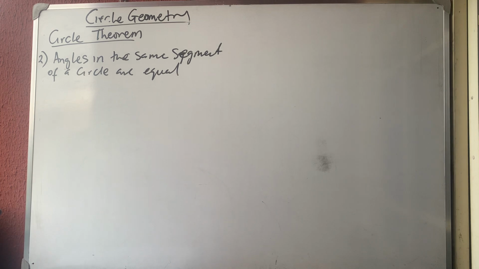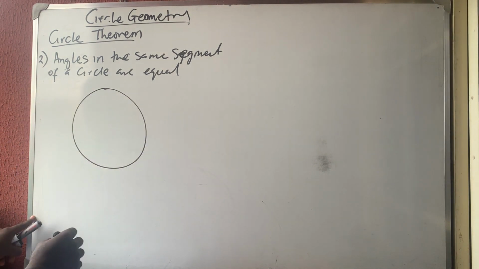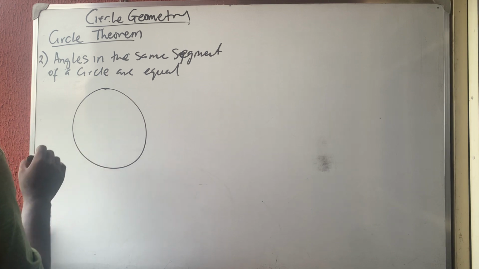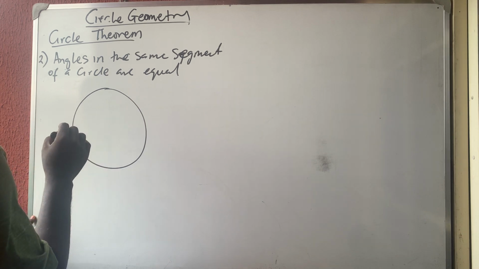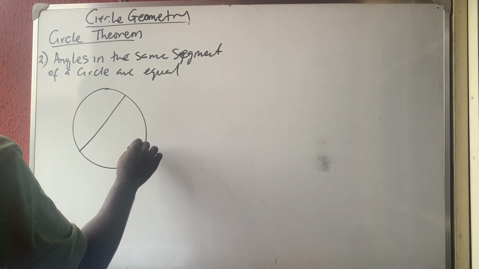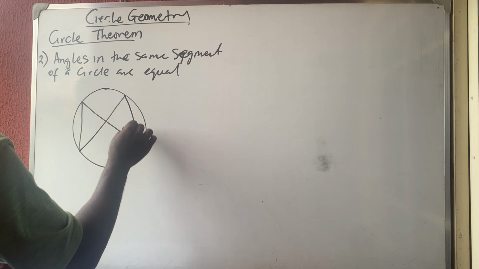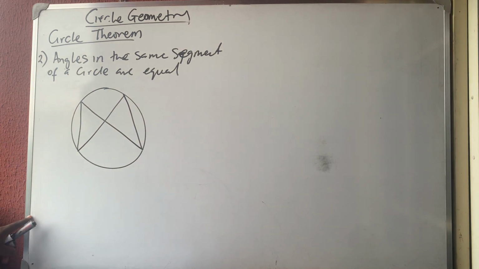Let's get that. Okay, let us draw it. I have this. Now what do we mean by segment? If we just have any line like this, as simple as that.